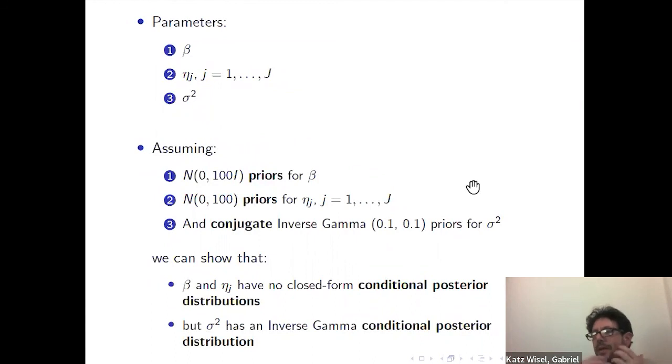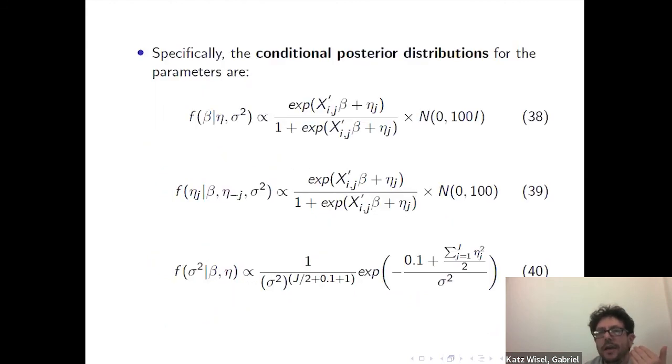So here, when estimating this hierarchical logit model, one would combine two steps. Here are the posterior distributions for you to take a look at when working through this exercise.